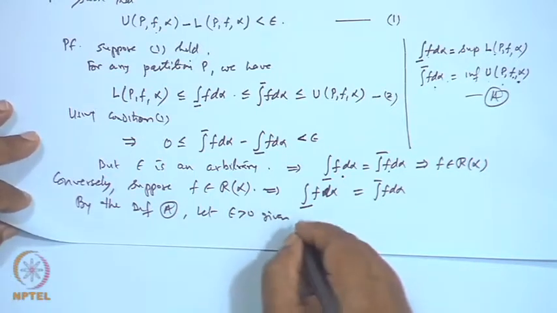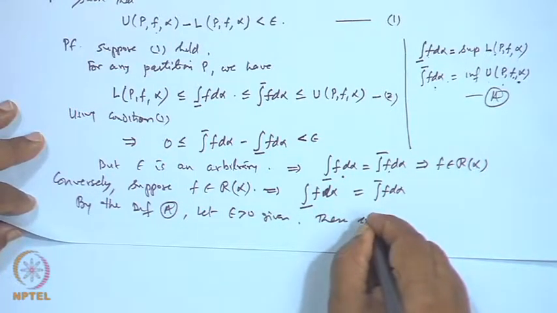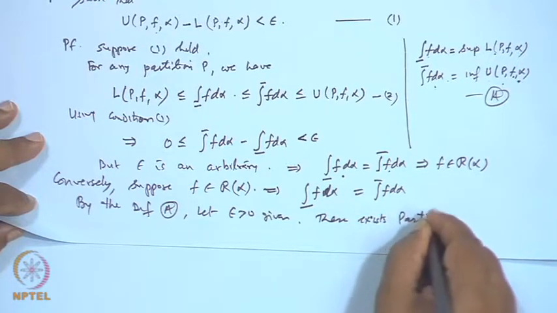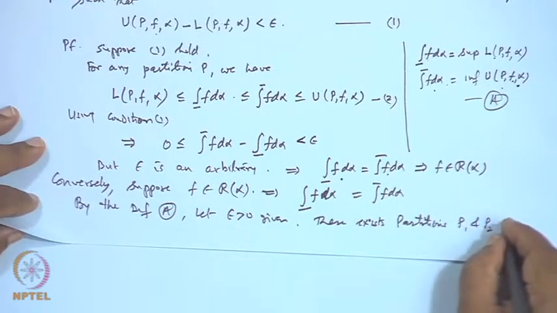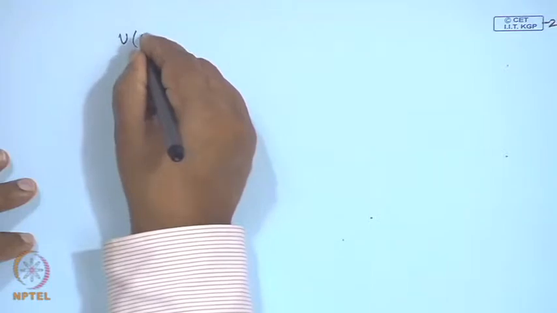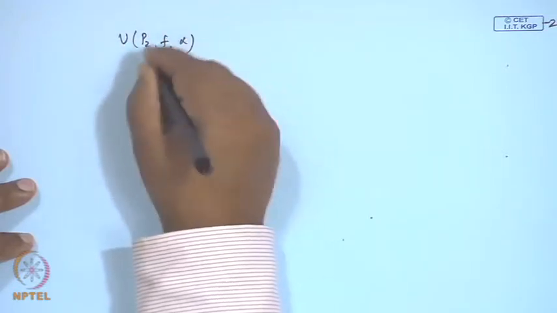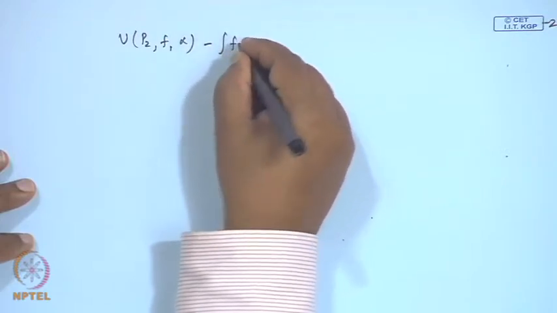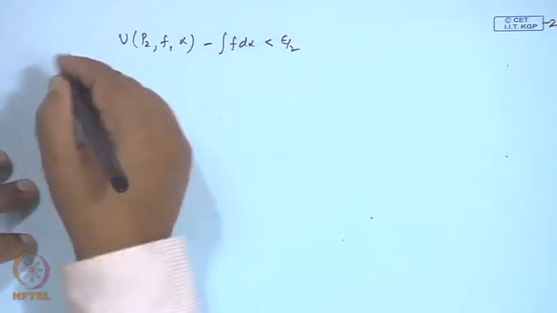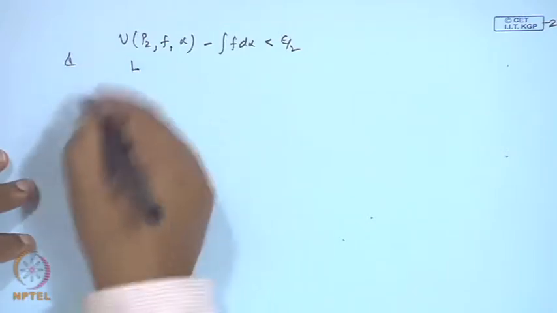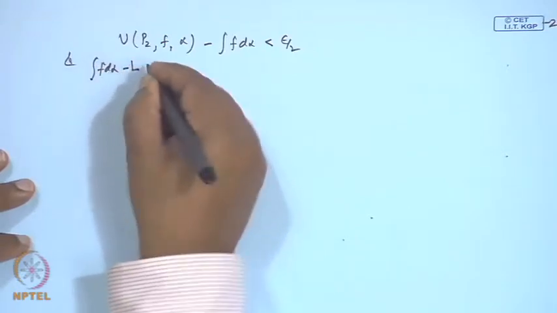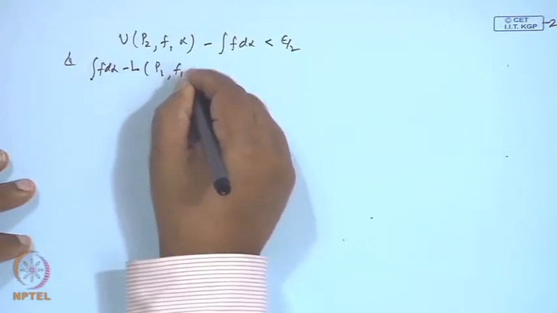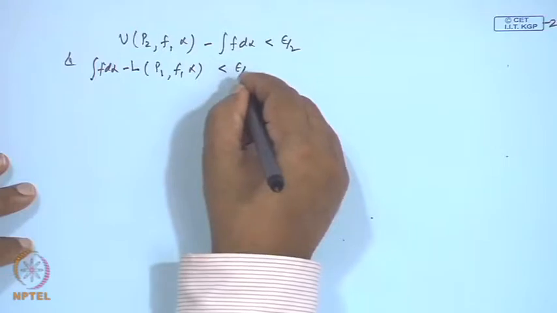So, with this epsilon there exist partitions, say P 1 and P 2, such that the upper sum of the function f with respect to alpha over the partition P 2 minus integral f d alpha is less than epsilon by 2, and integral f d alpha minus the lower sum of f with respect to alpha over partition P 1 is less than epsilon by 2.